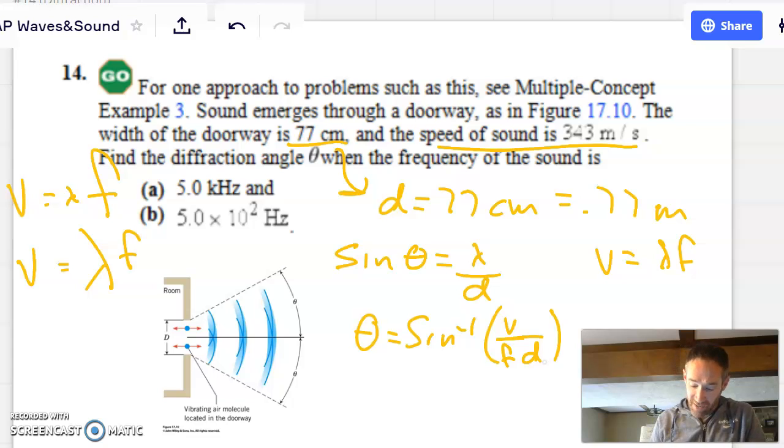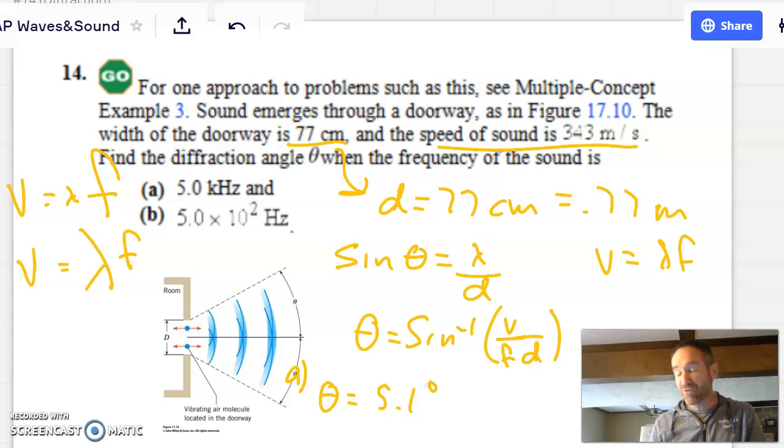And so you'll see if you go ahead and put in for part A a 343 in the numerator, a 5,000 hertz in the denominator, and a 77 centimeters, aka 0.77 meters, in the denominator, you're going to end up getting an angle of 5.1 degrees.